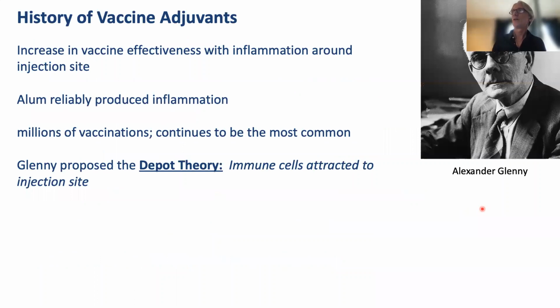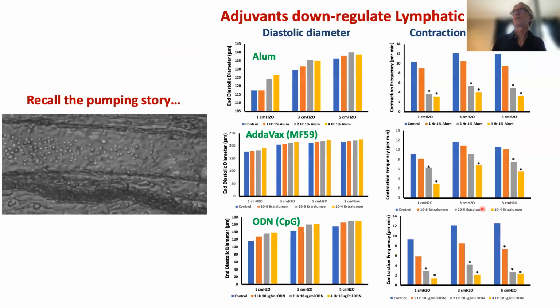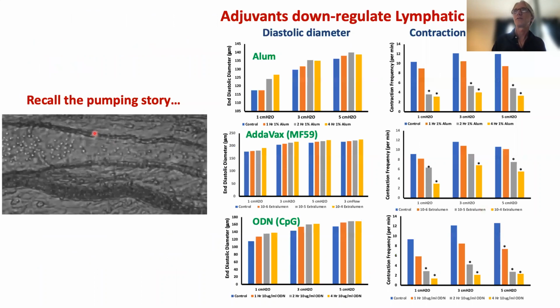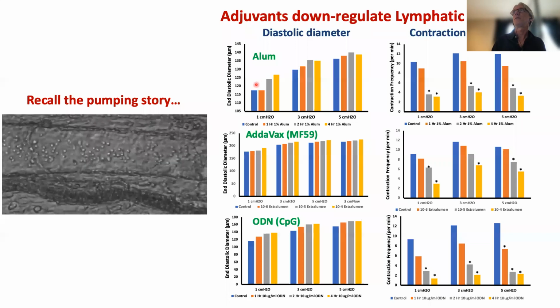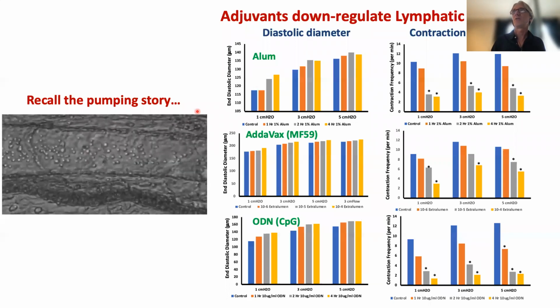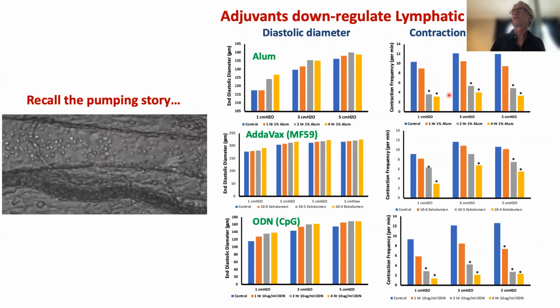So back to our friend Alexander Glenny. He came up with this aluminum salt as the vaccine adjuvant, and we wanted to know, well, what effect do these adjuvants have on the lymphatic pumping? Well, it turns out that if you look at the way these vessels pump, again with the squeezing and all of that, the maximum diameter of these vessels goes up when you give alum, and the contraction frequency goes down.